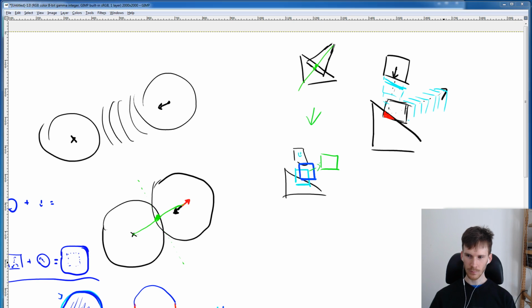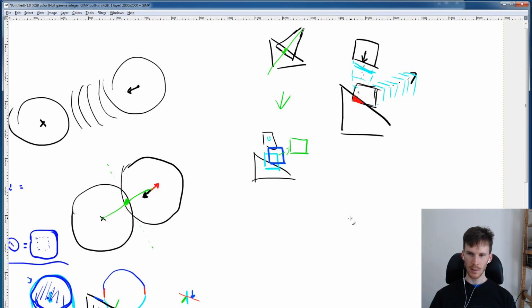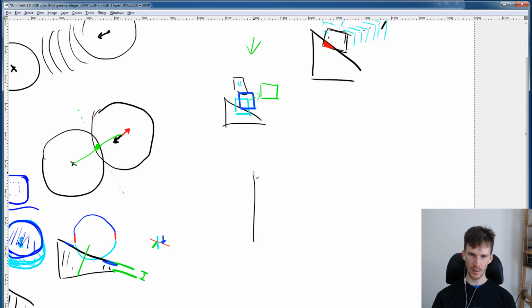Although, won't the green vector not be an accurate force if we're basing it off the cyan one, because the blue one is already moved? Yes. So let me try and draw that more accurately. I don't know what kind of damping forces you apply to two things with mass that say that you should account for the fact that it penetrated and changed it. So it's not going to be just a pure bounce off, right?